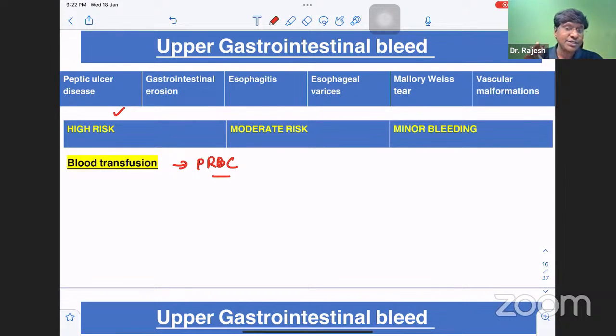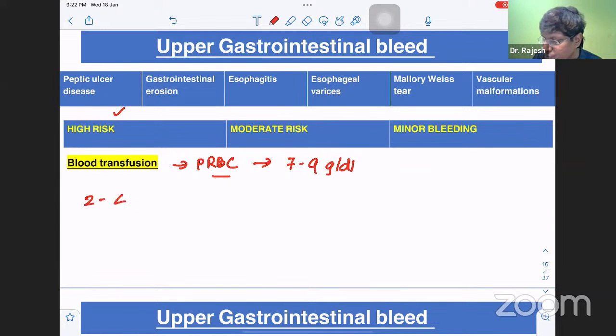This packed RBC should be given to maintain the hemoglobin, right? So how much hemoglobin do you have to maintain? You have to maintain a hemoglobin of 7 to 9 grams per deciliter based on the patient's hemodynamic status, comorbidities, and presence of continued bleeding, right? Now, whenever there is absence of continued bleeding, how many units should I give?